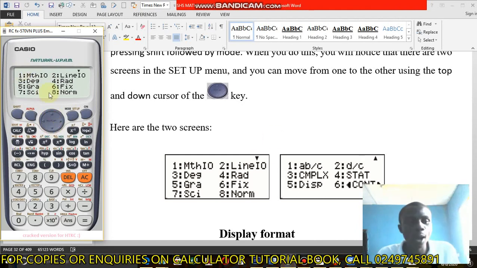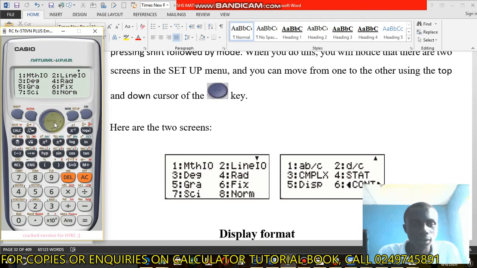Good. Now, the first one is Math IO. When we say your calculator is in Math IO, that is the normal default mode of the FS991 scientific calculator.